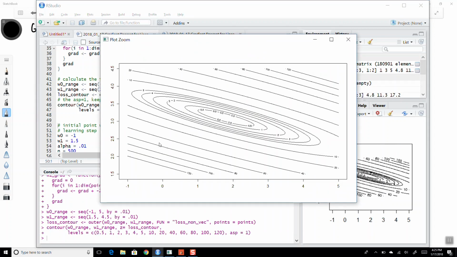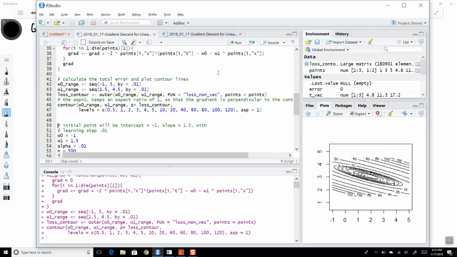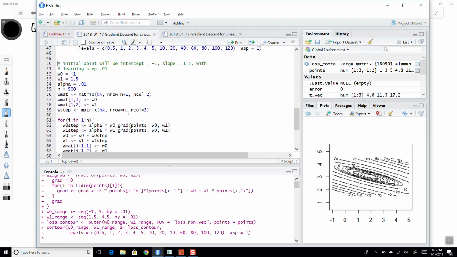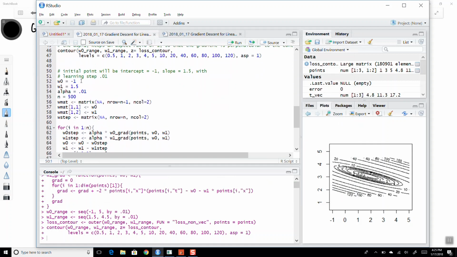This is what the contour plot looks like for different possible values of the slope and intercept. So far, so good?